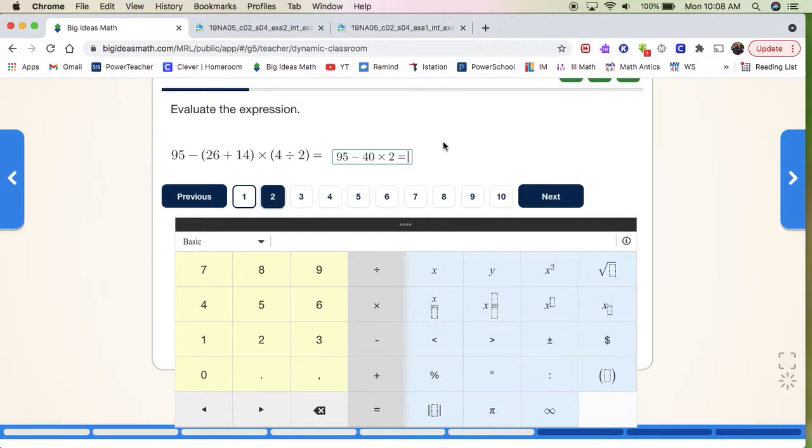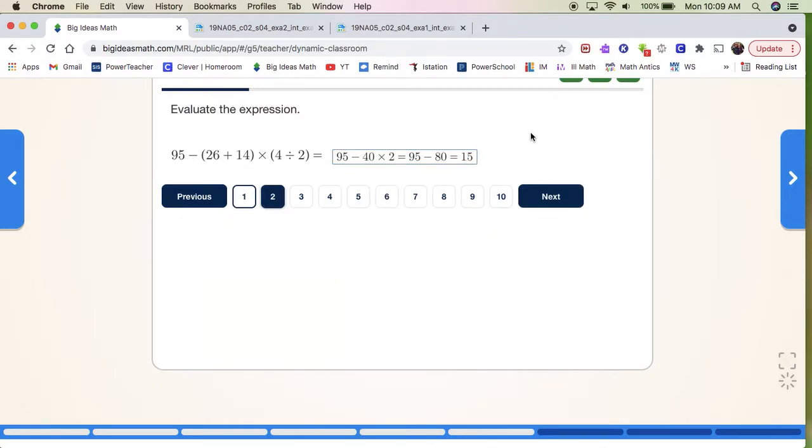So we're going to go ahead and say 95 minus 80. Okay, so we multiplied first. Now we're going to subtract, and that equals 15. All right, number 5.